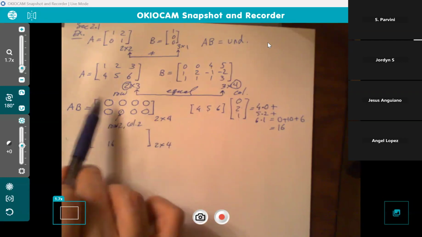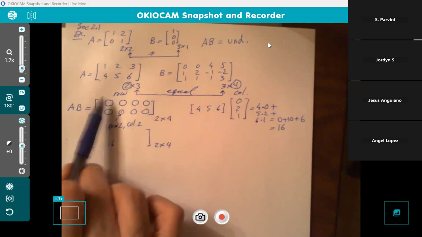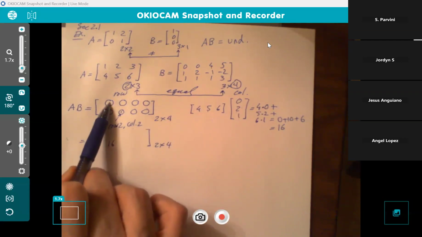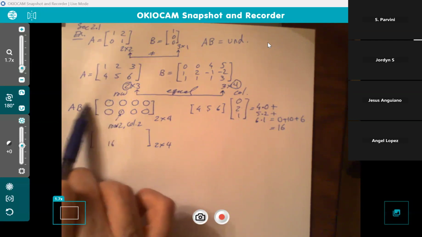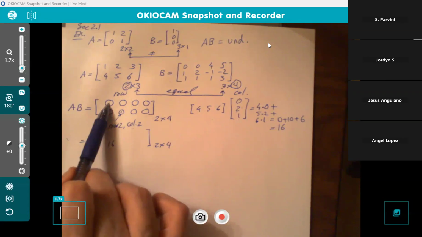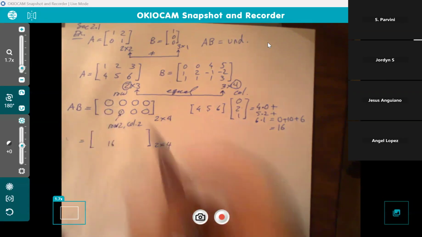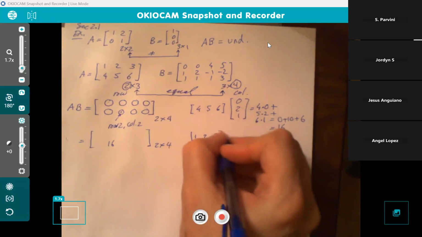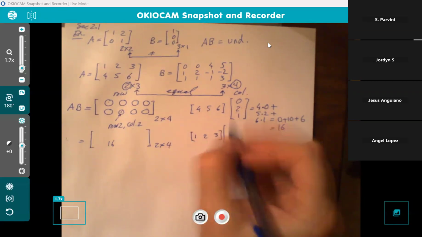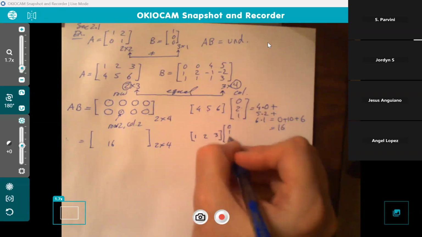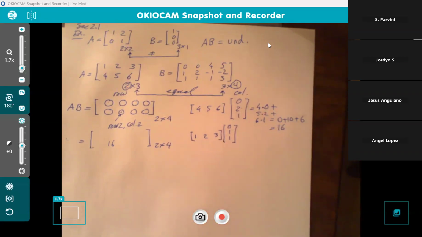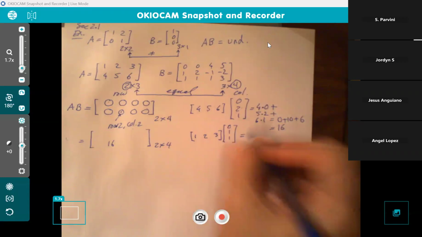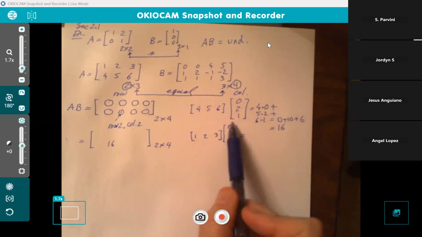What is the position of this entry, this element? Row 1 and column 1. Perfect. So let's bring row 1: 1, 2, 3. And column 1: 0, 1, 1. And then do the same thing. Row 1, column 1.